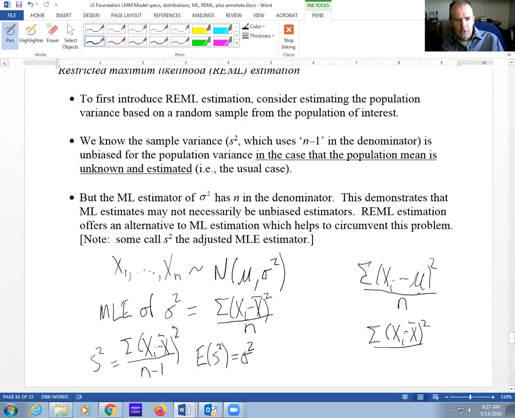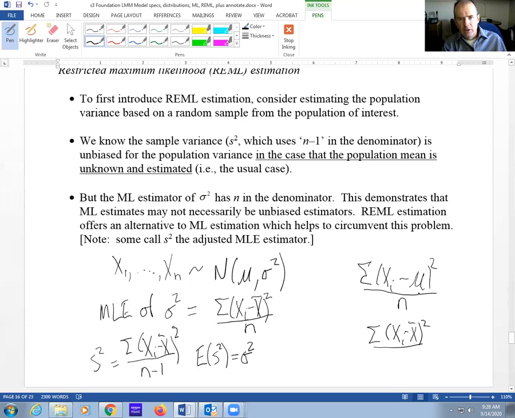You think about it this way. Mu is not going to change depending on the sample that you take, whereas X bar is going to tend to follow your data, right? So if you tend to have smaller values for your sample, that sample mean is going to be pulled towards those smaller values.